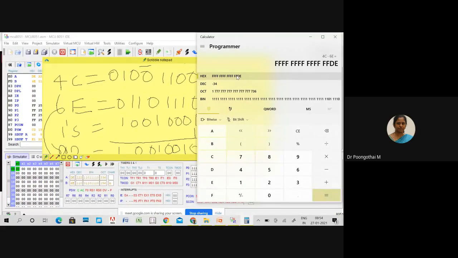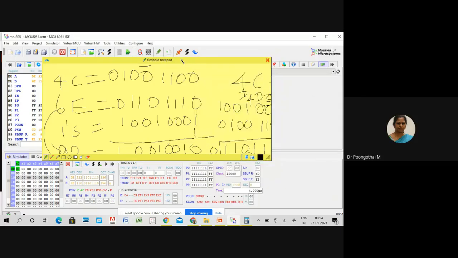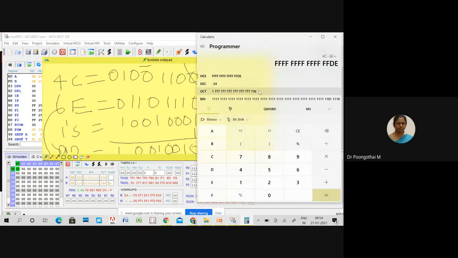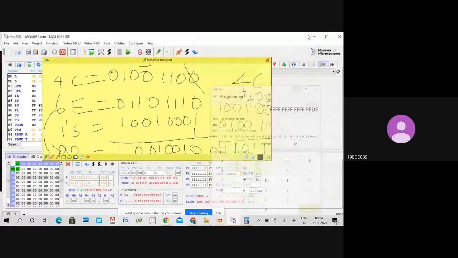Is that clear? Now you have to take the 2's complement again: complement the accumulator and increment the accumulator, then you will be able to get the original value. Is that clear now? Yes, ma'am. Ma'am, but we always have to do a manual calculation on this side. Yes, for verifying the result, you have to do a manual calculation. Otherwise, it is very difficult to interpret your result for both signed and unsigned.